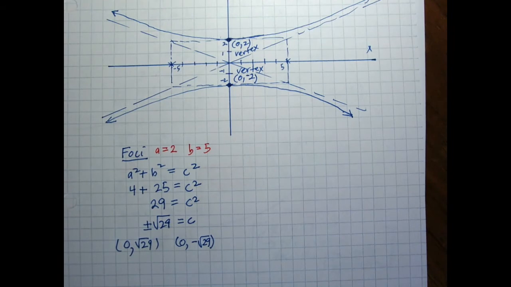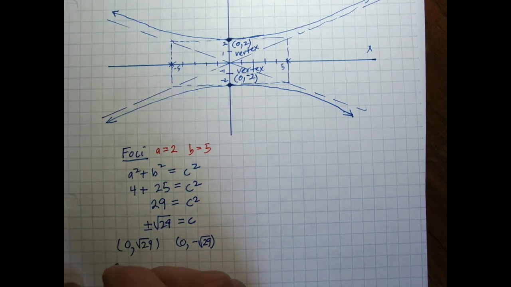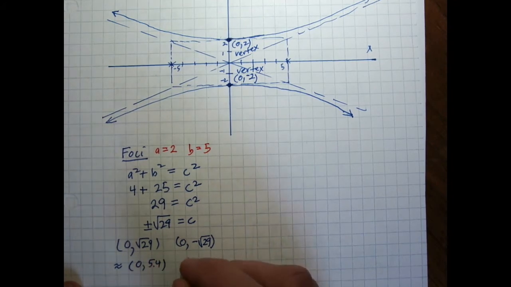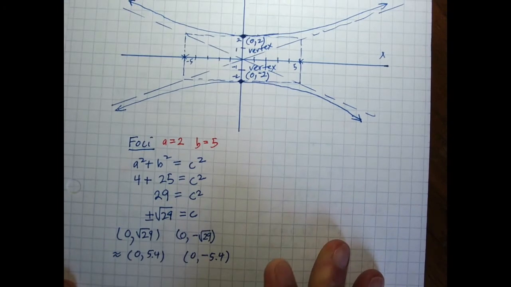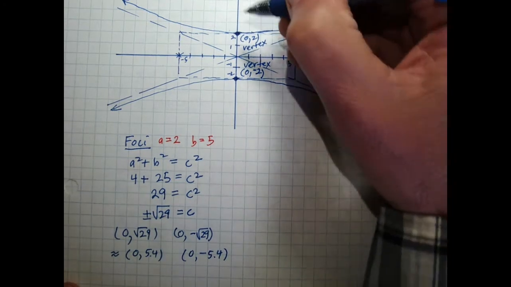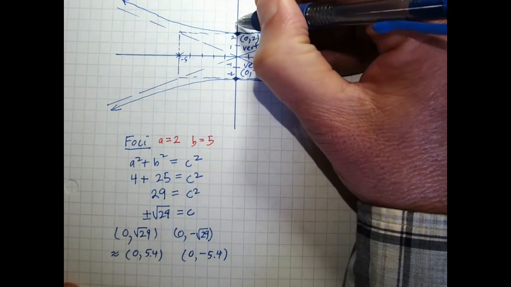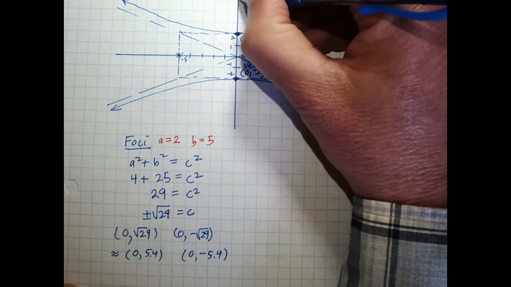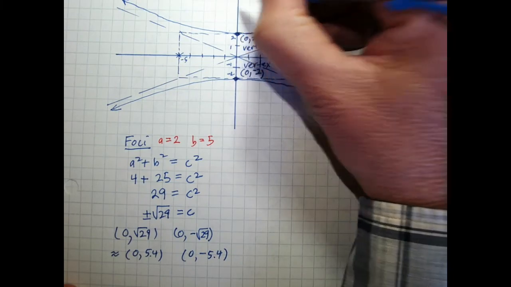And it helps to have a decimal, which is about 5.4. So this is approximately 0, 5.4 and 0, negative 5.4. 0, 1, 2, 3, 4, 5.4 is way up here, right?